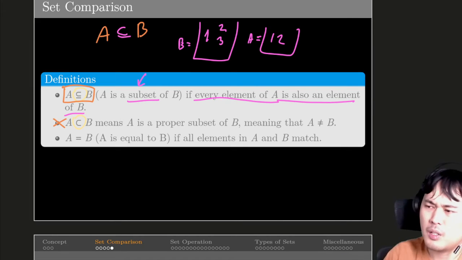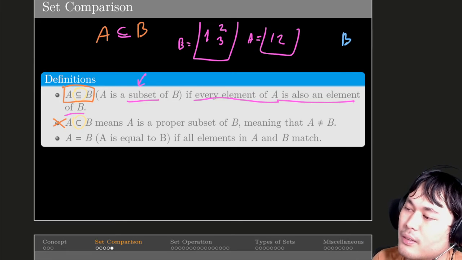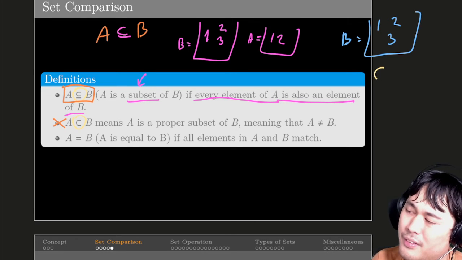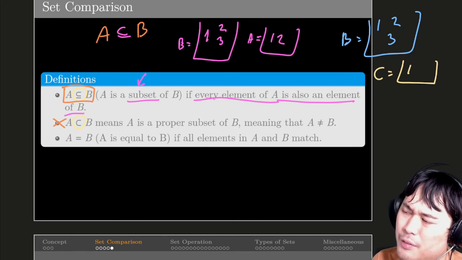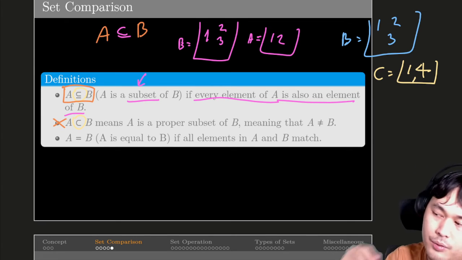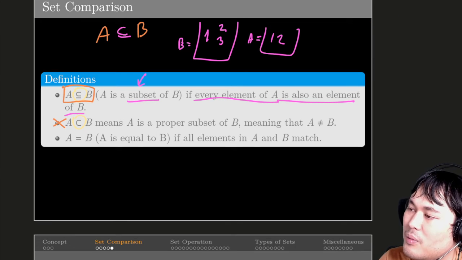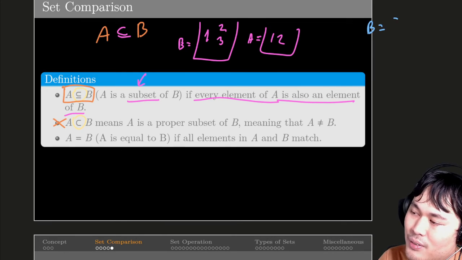What this means is that sometimes we have sets like, let's say, the set B is 1, 2, 3 as before. And then the set Z is 1 and 4. Oh, actually, we have the notation already, so let's just use it.